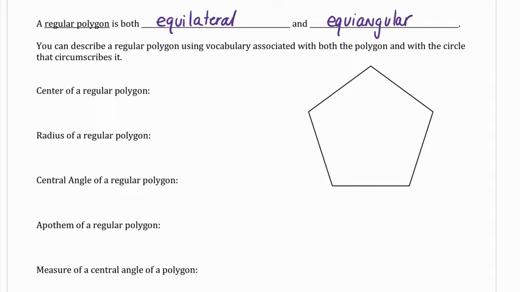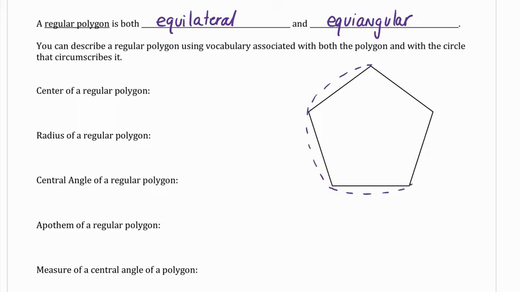The center of a regular polygon, it goes in the middle, right? But to actually figure out where that center is, technically we're going to put a circle around the polygon, and the center of that circle is also the center of the polygon. So if I were to circumscribe a circle, if you remember that word from the circle chapter, right?